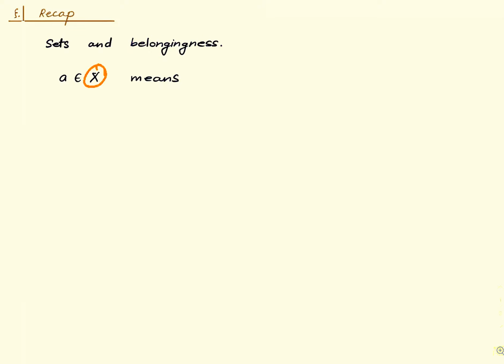So given a set and some well-defined mathematical object, you can always ask if that mathematical object is in the set X. And this is just a notation which means that A is in X, or alternately A is a member of X, or A belongs to X, or what else can you say synonymously?